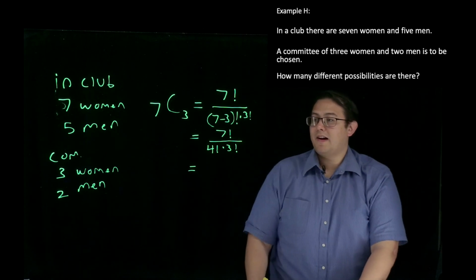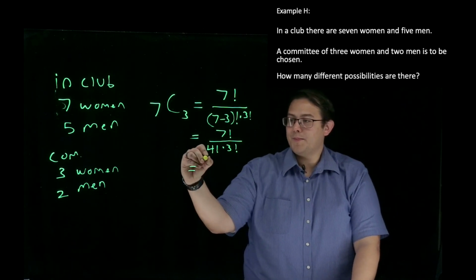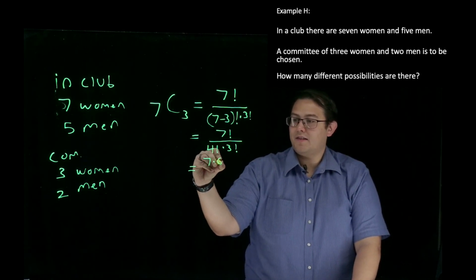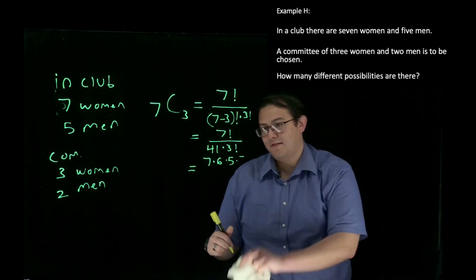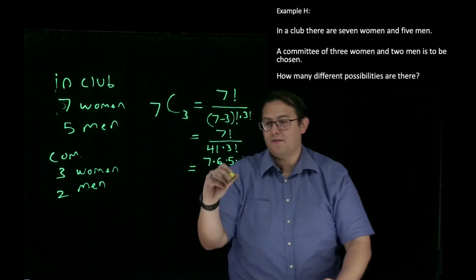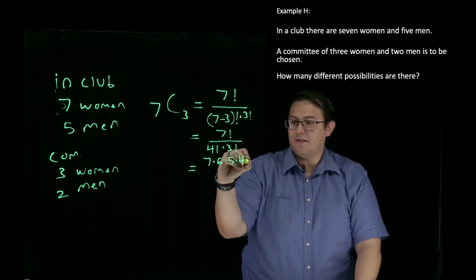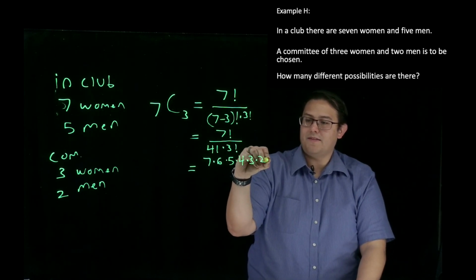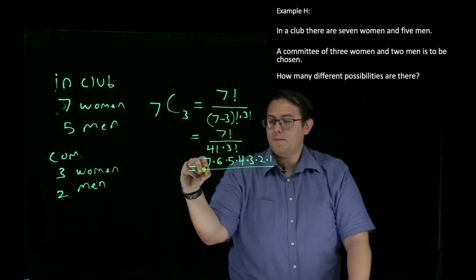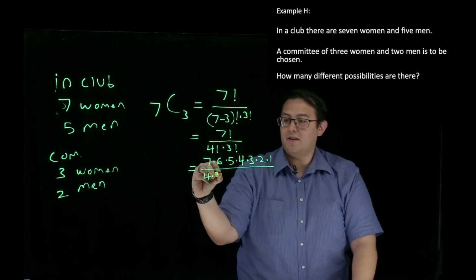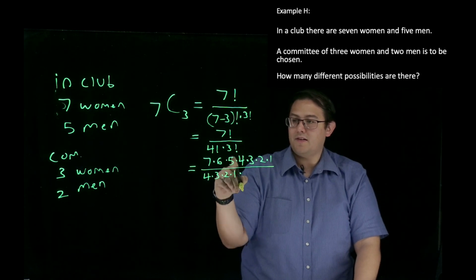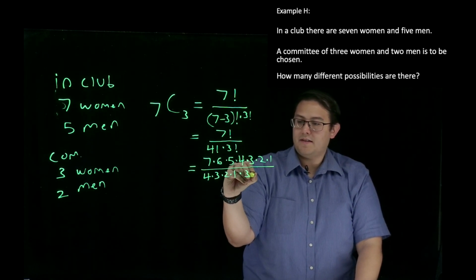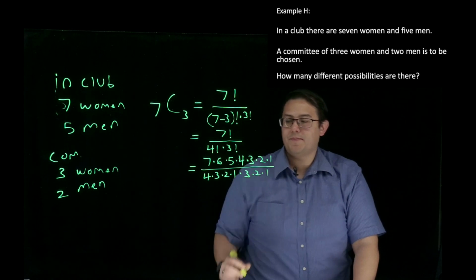And then rewriting the factorials as products, you get 7 times 6 times 5 times 4 times 3 times 2 times 1, all over 4 times 3 times 2 times 1 times the 3 factorial, 3 times 2 times 1.